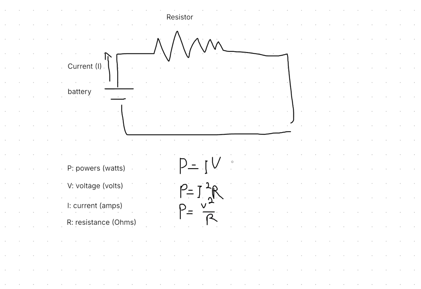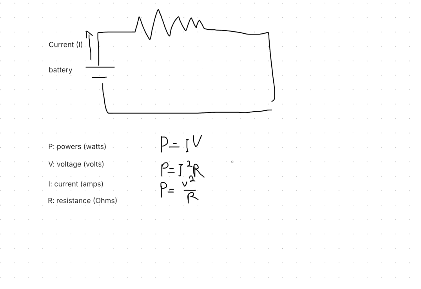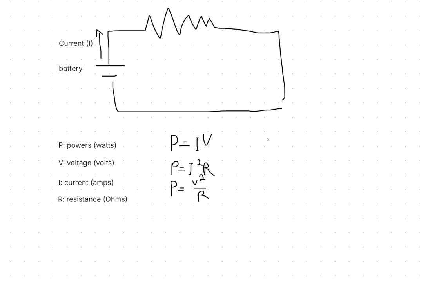So if we plug in our changes, our new voltage would be 2V and our current is 1/2 I. So our new power would be 2V times 1/2 I. And if we multiply those together, the 2 and the 1/2 will just cancel each other out completely, which would leave us back to IV.